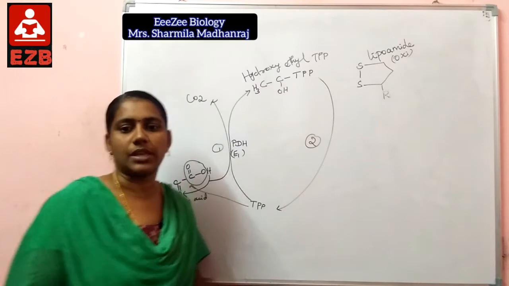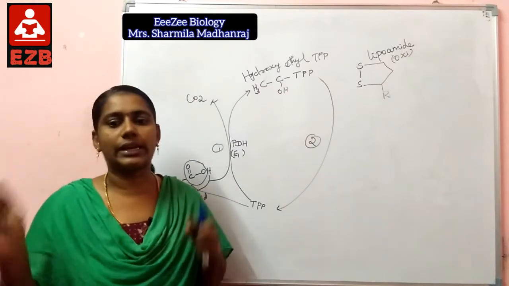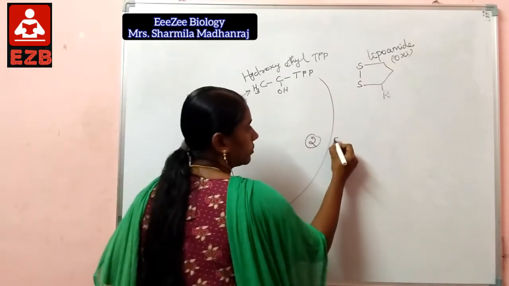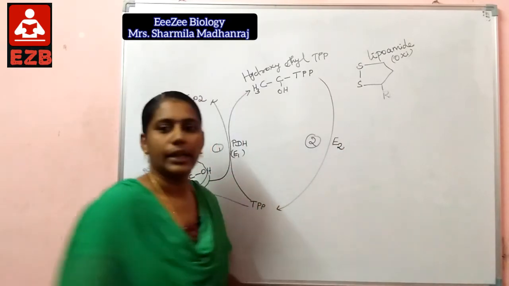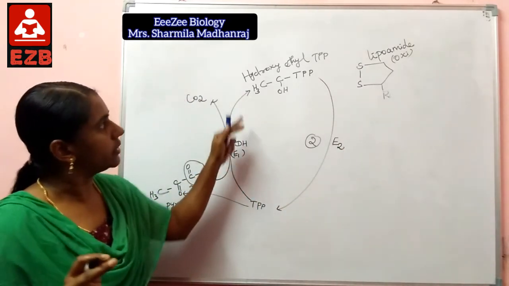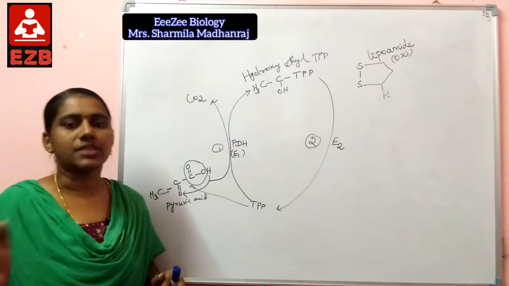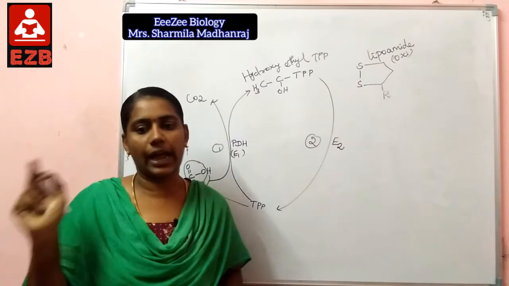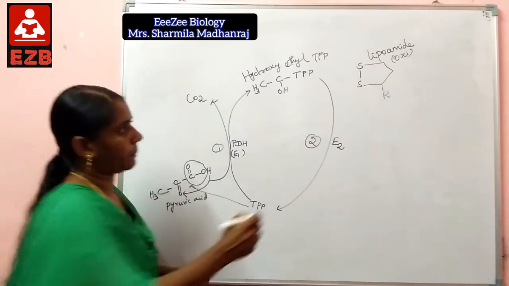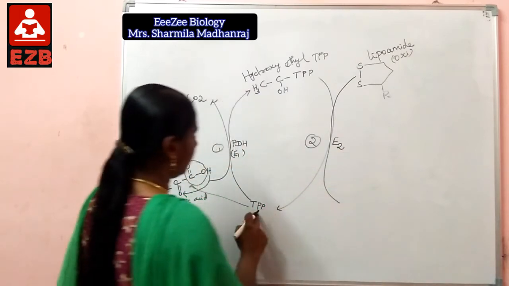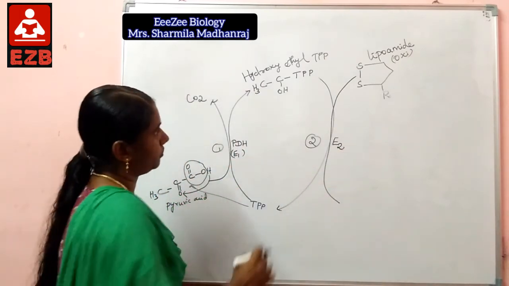That enzyme is dihydrolipoyl transacetylase enzyme, other name E2. Here the transformation takes place, so our product is acetyl dihydrolipoamide, and the TPP molecule is removed.